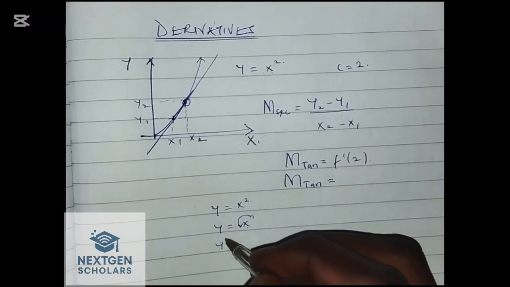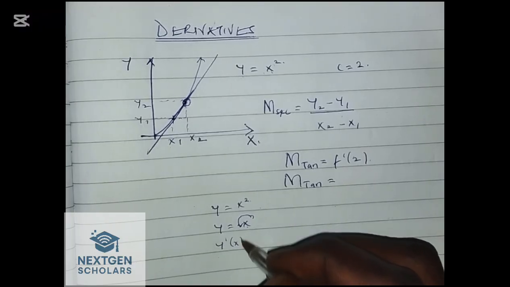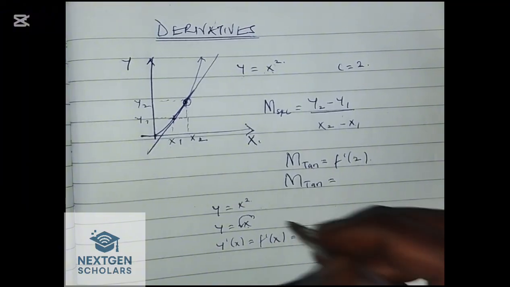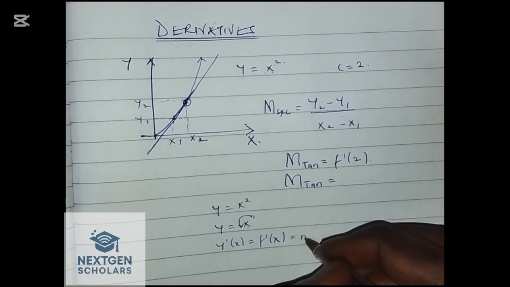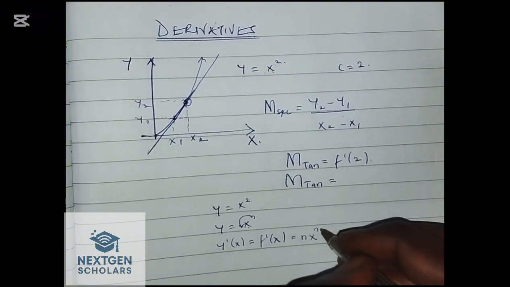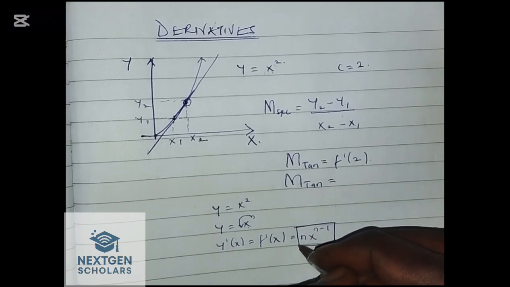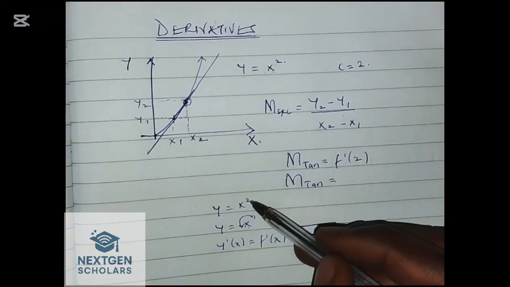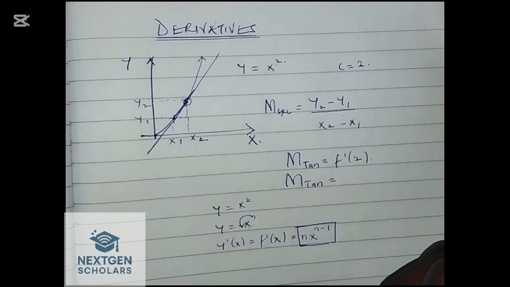So f prime of x is equal to n times x to the n minus 1. This is a basic rule, and we call it the power rule. It is only applicable whenever you have a variable to a constant power.